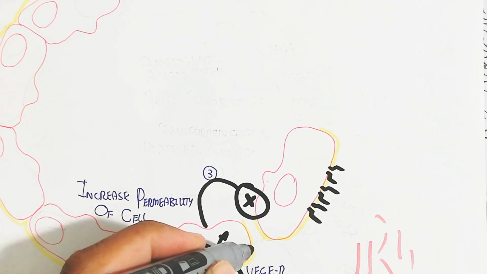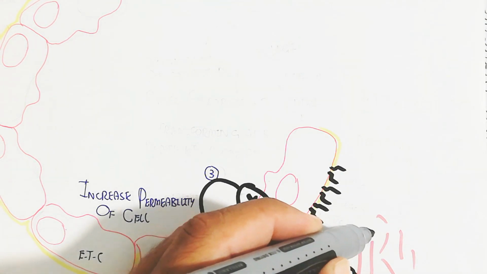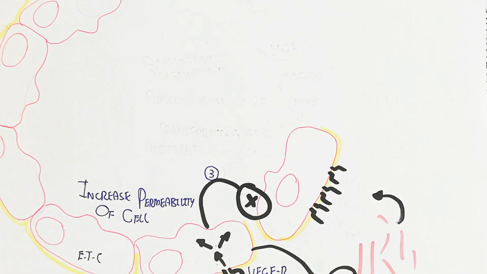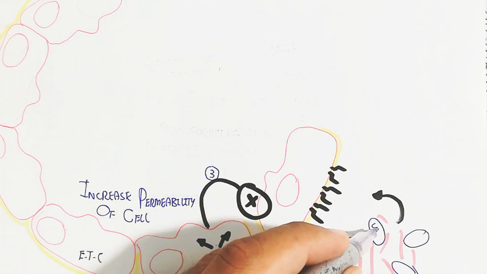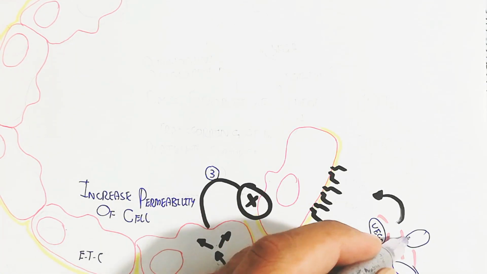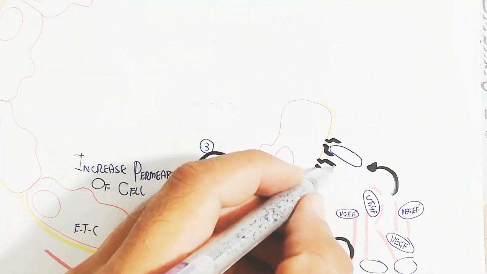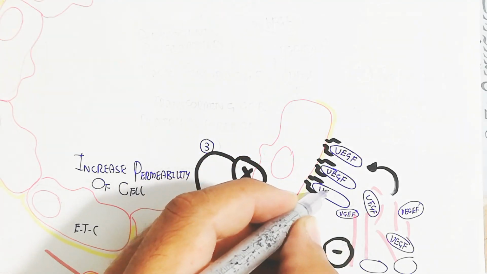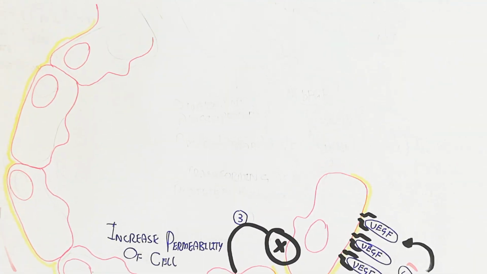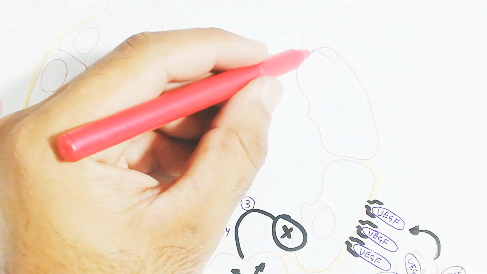So for further permeability as well as breakdown of the extracellular matrix, the VEGF is here, and this causes the endothelium to release more MMPs and UPs to further degrade the extracellular matrix. So the endothelial cell will produce the MMPs and UPs, remember, for further breakdown of the extracellular matrix.